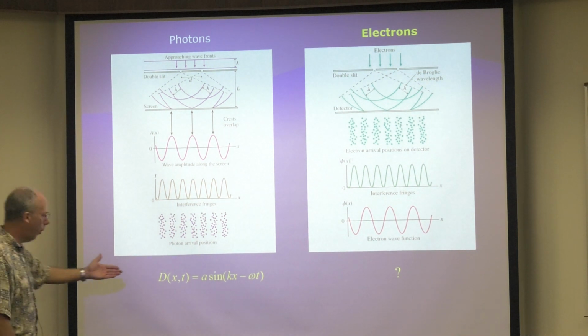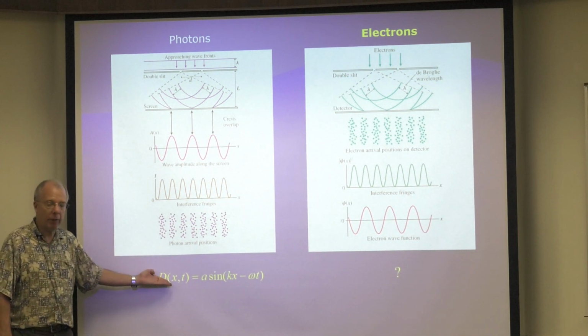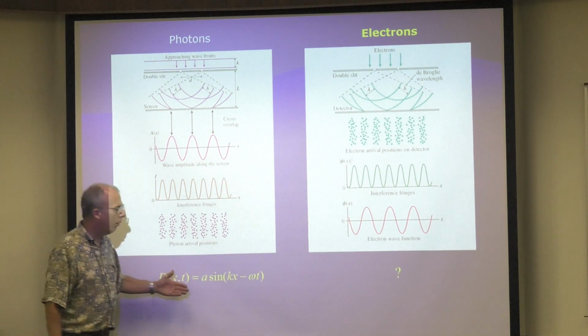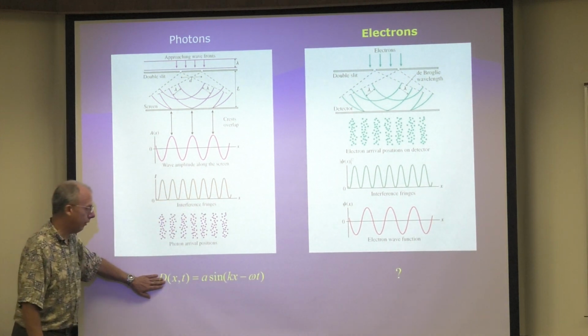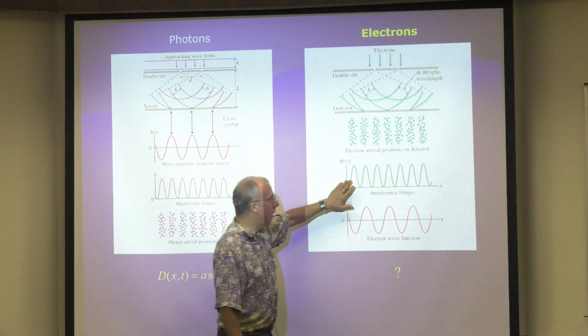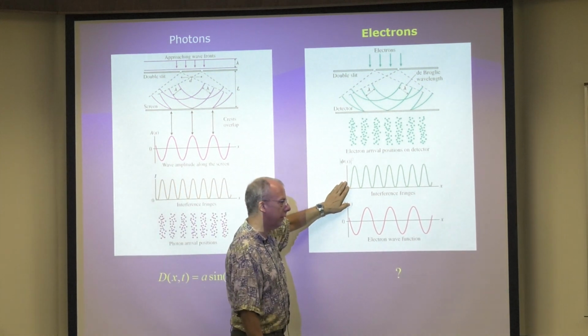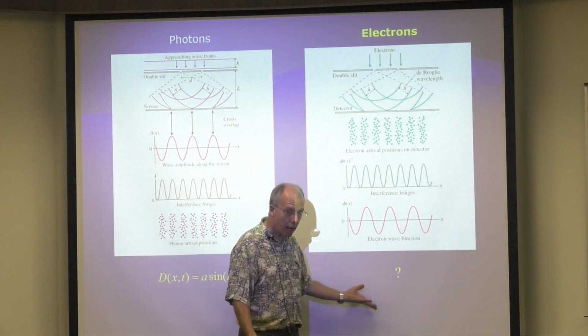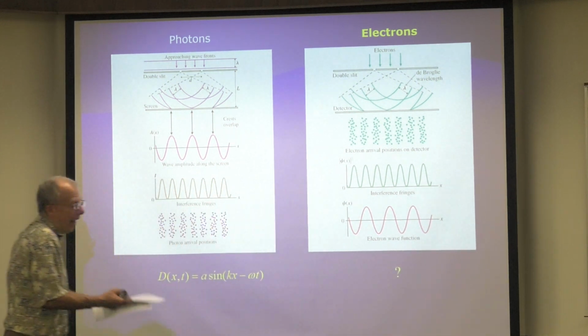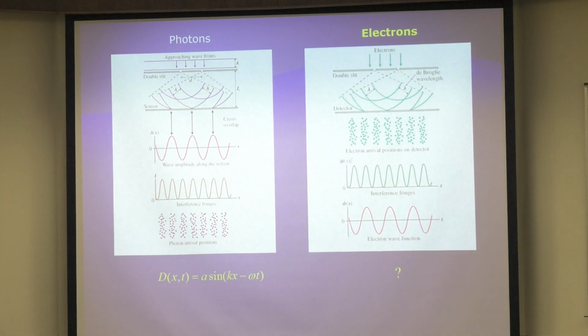So this is a wave equation, no kidding. Well, come on now. If photons act like waves and have a wave equation, and we learned that electrons act like waves, shouldn't they have a wave equation? If it acts like a wave, it has to have a wave equation, right?